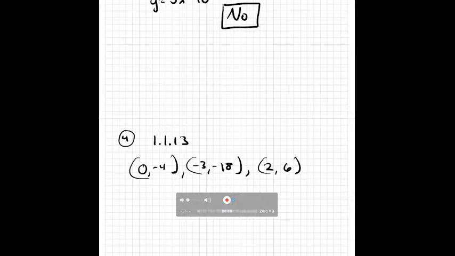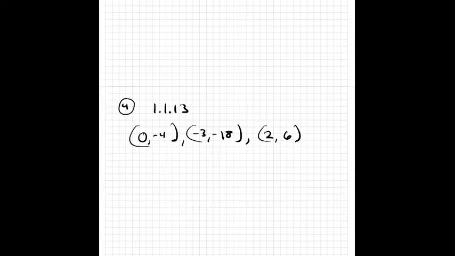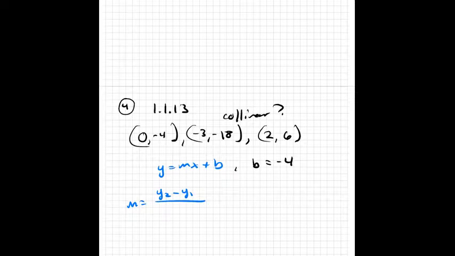So then I'm going to say collinear, question mark. I'm going to use my y equals mx plus b. When x is 0, again, fortunately, we were given b off the rip. So then b equals -4. So then we need the slope. Again, slope formula is y2 minus y1 over x2 minus x1.